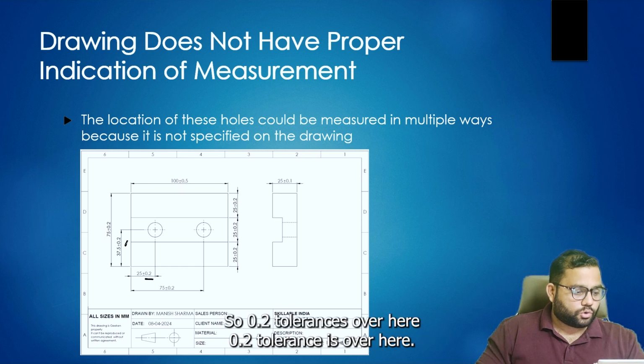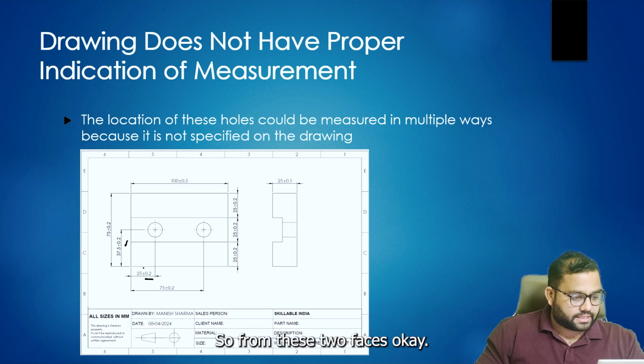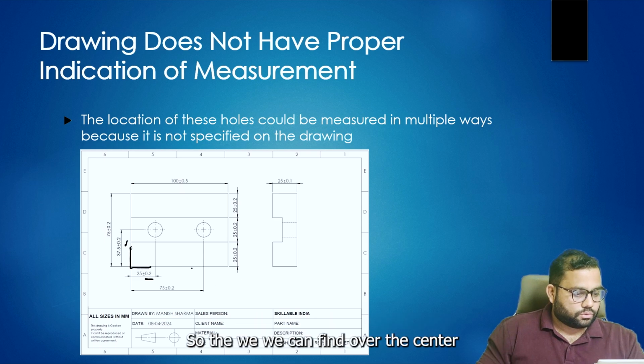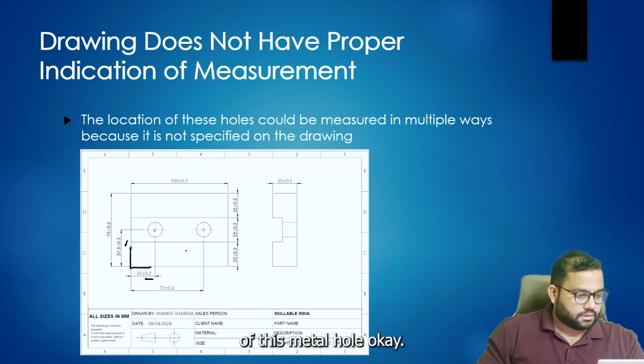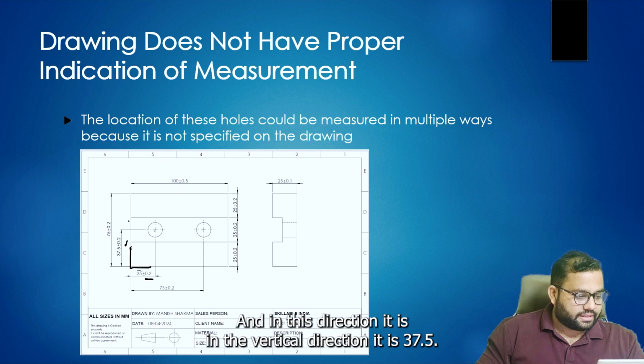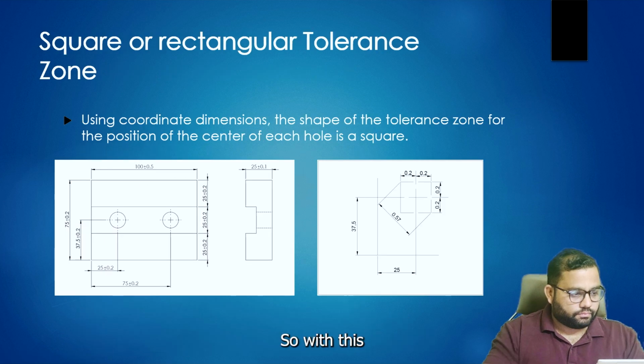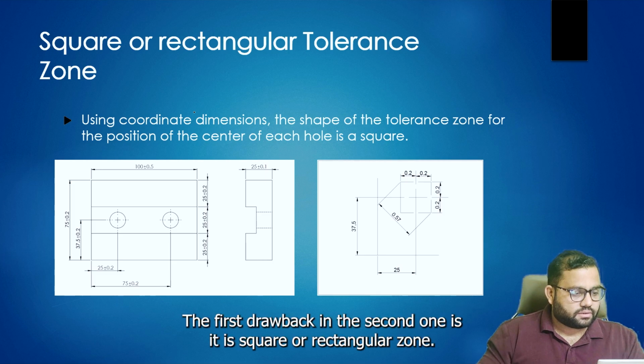So from these two faces, we can find the center of this hole. In this direction it is 25, and in the vertical direction it is 37.5. This is the first drawback.